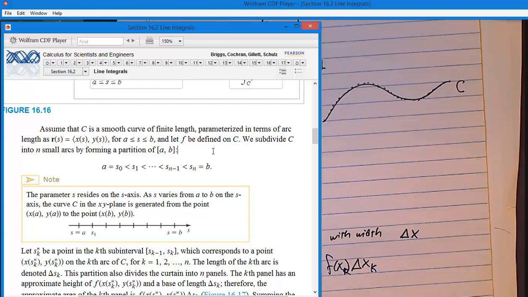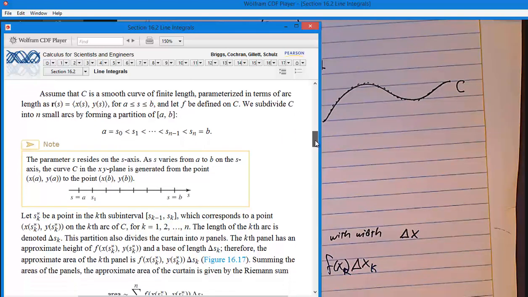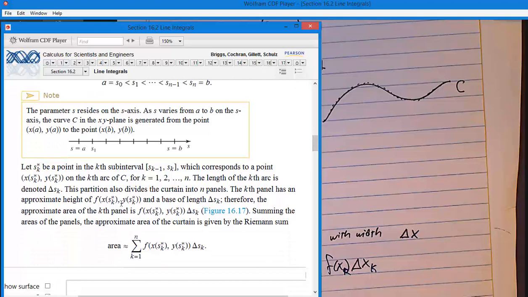And I told you guys way back then, hey guys, it's a good idea sometimes to parameterize by arc length. Well, we're going to bring that idea back again. Okay? And if we have a curve parameterized by arc length, then you'll notice that's why they wrote this. They wrote x of s_k and y of s_k. Remember, x and y are going to depend on a parameter. We want them to depend on arc length.